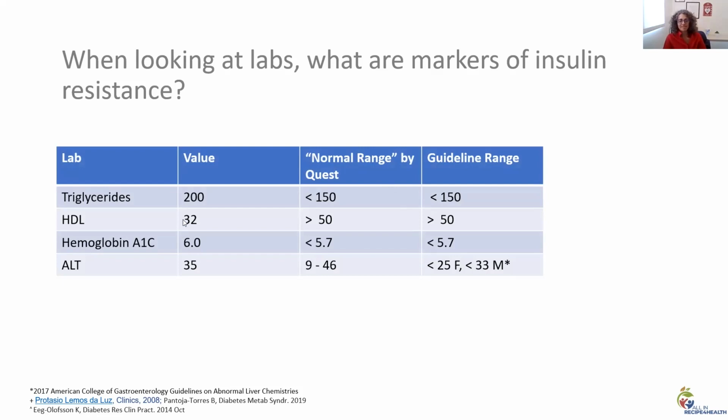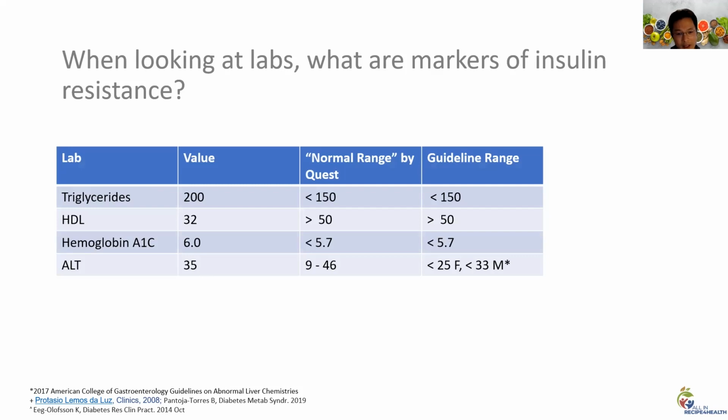Her hemoglobin A1C put her in the pre-diabetes zone, and her triglycerides were high, and her ALT was a tiny bit high as well. Given her abdominal discomfort, her labs might suggest the beginning of non-alcoholic fatty liver disease, which we're figuring out can actually be pretty symptomatic in a lot of patients, giving them a chronic low-grade abdominal discomfort. And when we talked about this, you all agreed that these were all the hallmarks of insulin resistance.